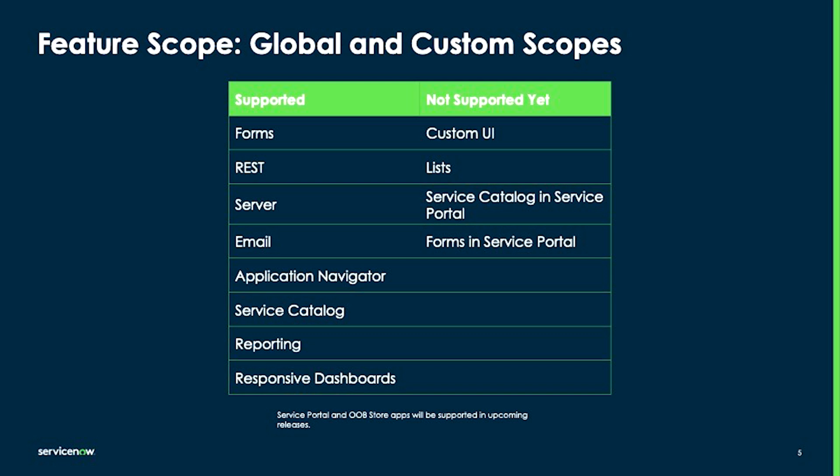We are currently working on enabling service portal functionality for service portal and lists as well. Custom UI is not in plan right now. And the other thing that we are also working towards is enabling support for writing tests for out-of-the-box store apps. Currently, in our V1, we support things in global scope or custom scopes. We're going to expand that as well in future releases.